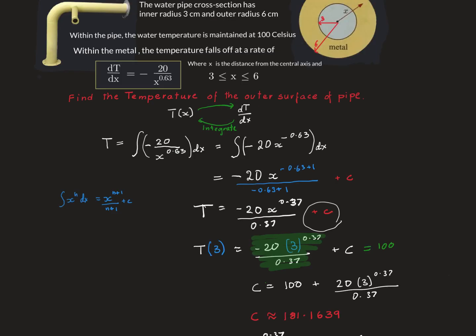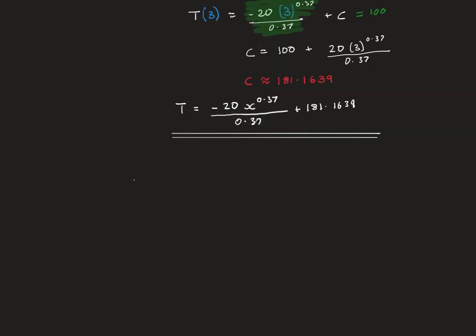So getting back to my original question, where I want to find the temperature of the outer surface of the pipe, that means I want to find the temperature when it is 6 centimeters away. So when x is equal to 6, the temperature will be minus 20 times 6 to the 0.37 over 0.37, and I'll probably look this up on the calculator.